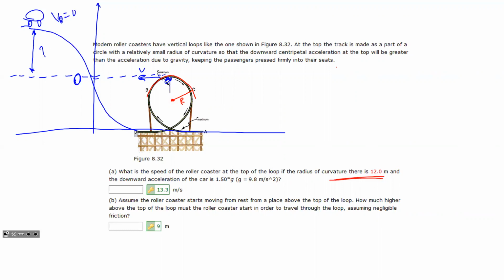So downward acceleration, that's the centripetal acceleration, and it has to be equal to speed squared over r. In this situation, it is given to you. The speed is not critical there. The normal force is not 0 there.